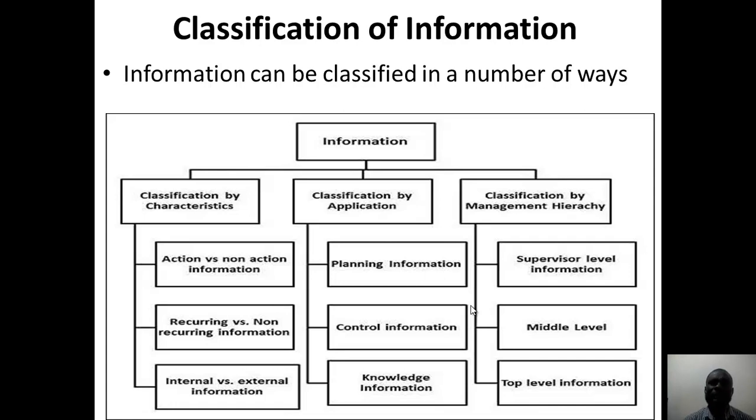There is information that when you receive, you need to take an action. And there are some that you don't need to take any action at all. We have information that keeps recurring, and there are others that come once and that is it. We have internal versus external information. An organization requires information internally, and it also requires information externally.